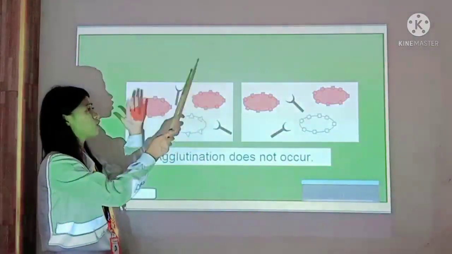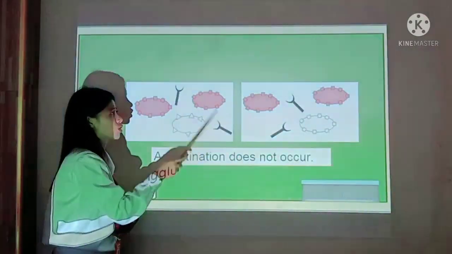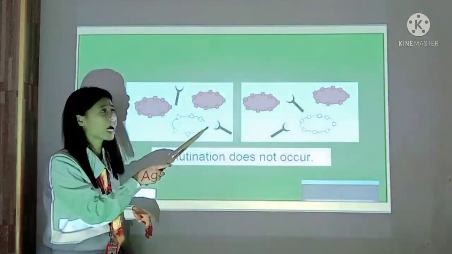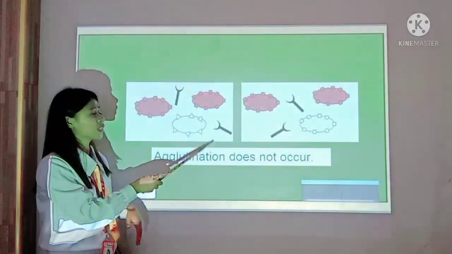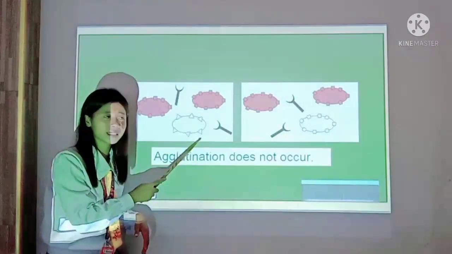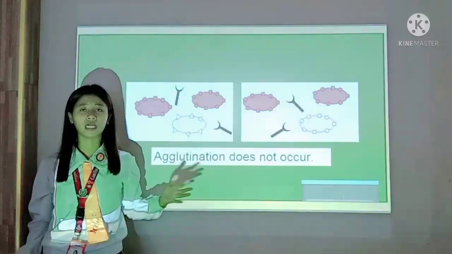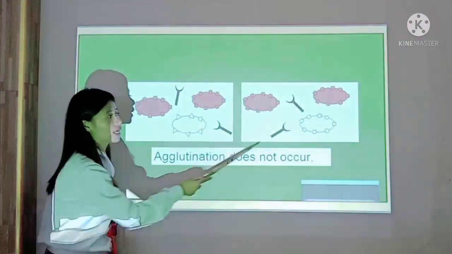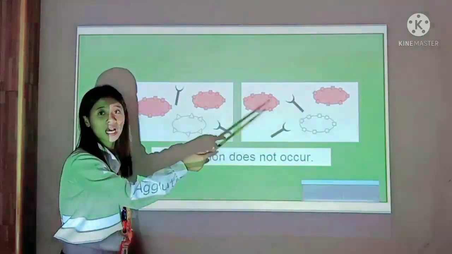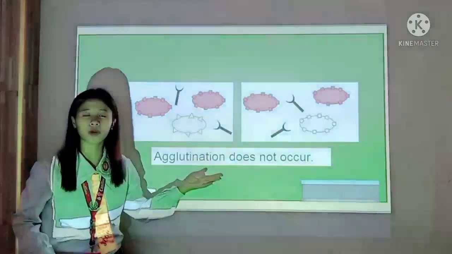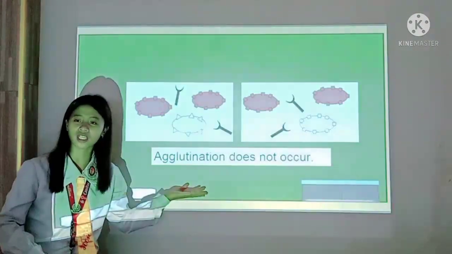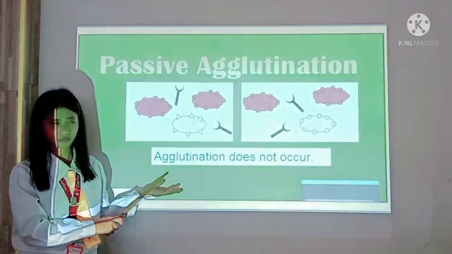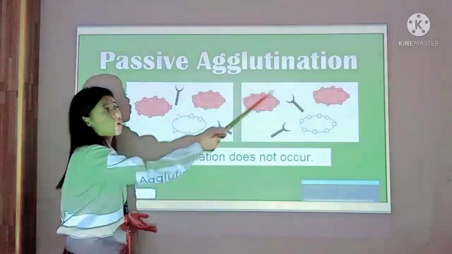Now, kung makikita nyo, there is no clumping. Hindi sila nagkadikit-dikit. Kasi nga po, the antigen and antibodies is different from one another. Meaning, they are compatible to one another kaya walang nangyaring agglutination. So, this type we call passive agglutination.